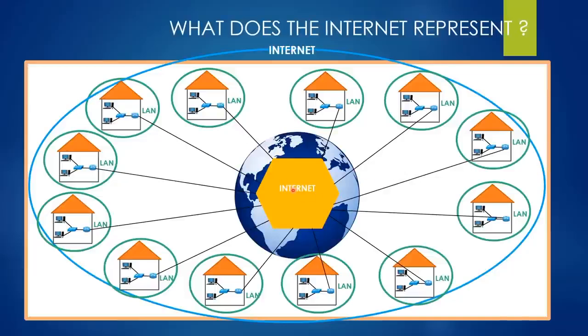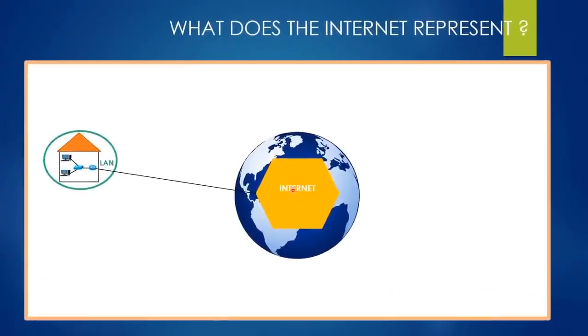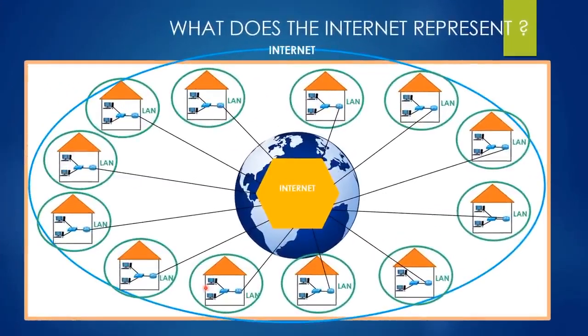What I am trying to say is, when you only see such a representation, you should think that there are millions of LANs connected to it, even if these LANs don't appear in the visual, okay? And the internet is a huge system that includes all LANs in the world. So, I hope that you understand better the reason for the bookish definition of the internet.